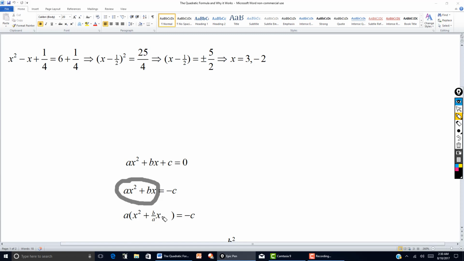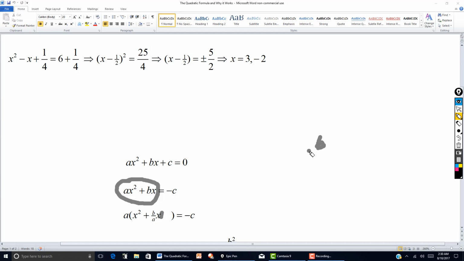So I take the a out, and this becomes just x squared. This b then has to become b over a, because when I multiply, I have to get the same thing back: a times b over a is the bx. Now I have to add something right here to complete the square. What do I have to add? I have to add the square of half the middle term.